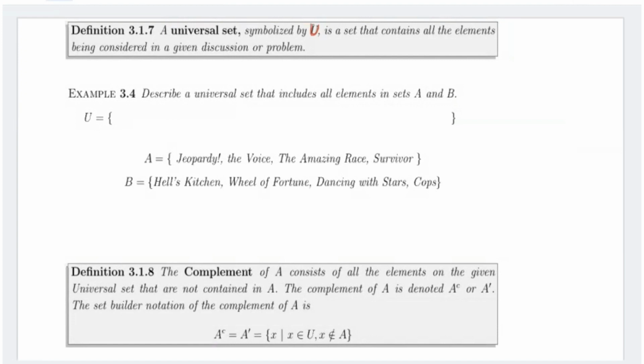So I have set A, I have set B. The universal set contains everybody in sets A and B. So I want to write it all out, everybody in sets A and B. That's what we call the universal set.